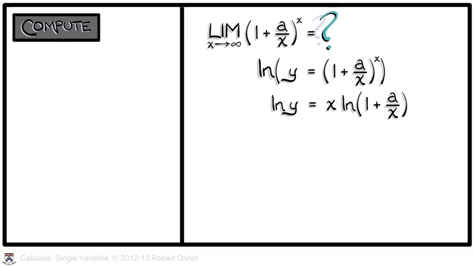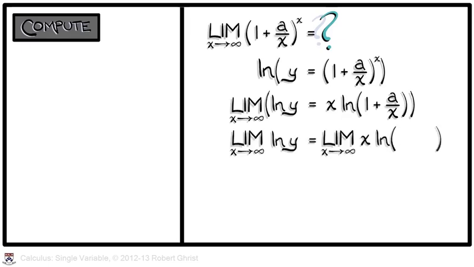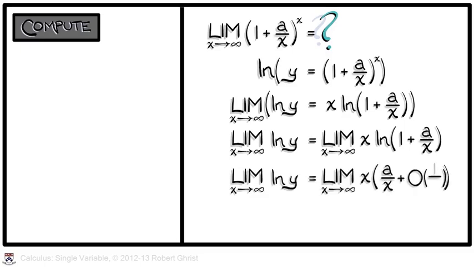We're not differentiating. We are taking a limit. On the left is close to something we want to get, the limit of log of y. On the right, we have the limit as x goes to infinity of x times log of 1 plus a over x. Now, how is this helping us at all? Well, the logarithm is in the form log of 1 plus something that becomes very small as x goes to infinity. So we can use our Taylor expansion and rewrite that as a over x plus something in big O of 1 over x squared.